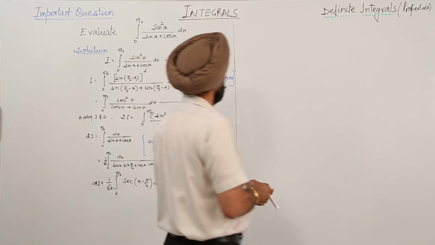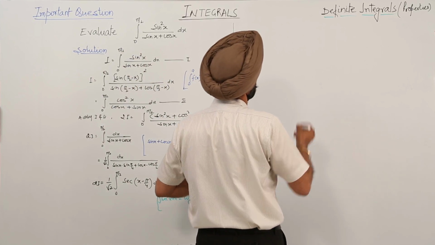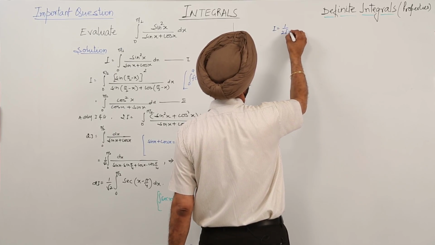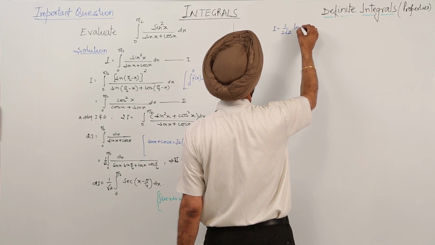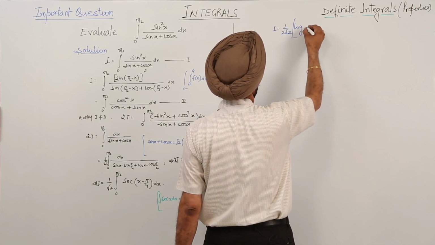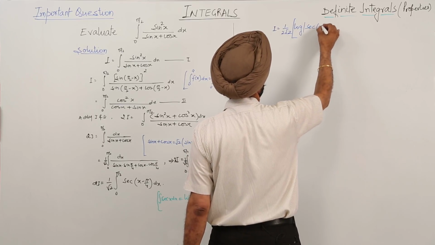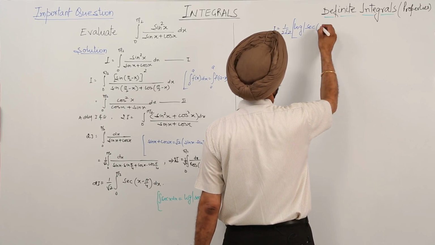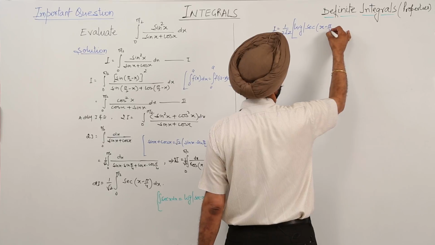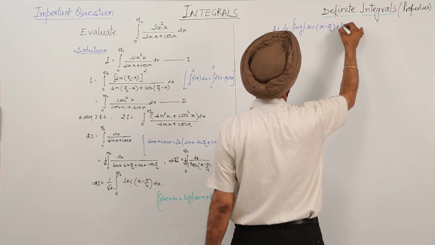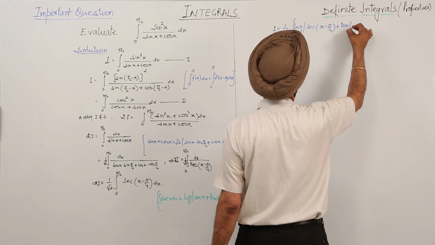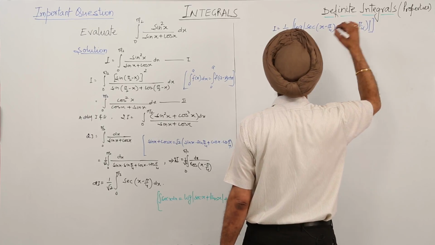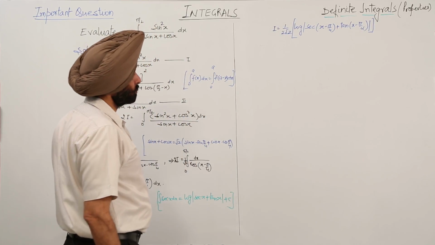So now the question converts to 2I, or we can write I is equal to 1 upon 2 root 2 log of secant of x minus pi by 4 plus tan of x minus pi by 4, with the limits 0 to pi by 2.